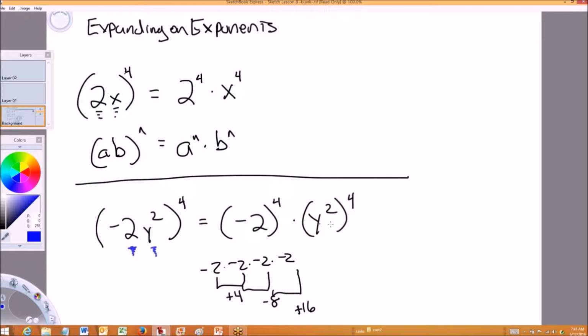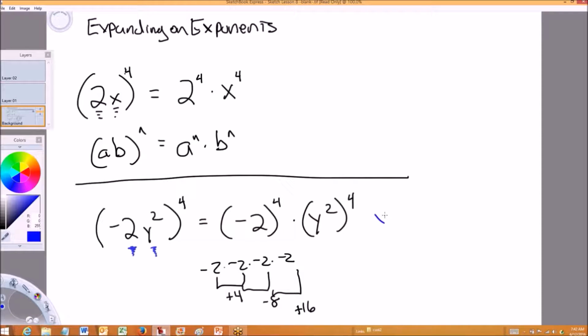Now this is a little different here. We have not seen this. This is not like the previous rule where we had y to the 2nd power times y to the 4th power. This is not the same thing. Instead, how we do this, we have y to the 2nd power, and this whole quantity is raised to the 4th power.